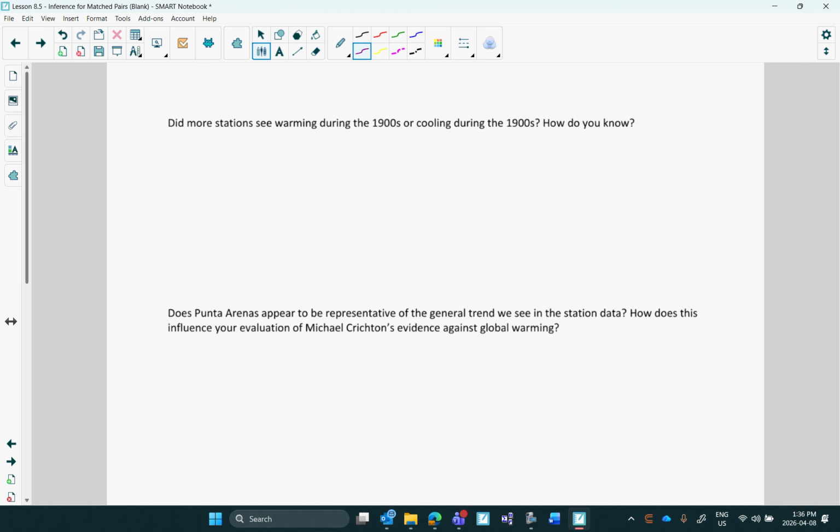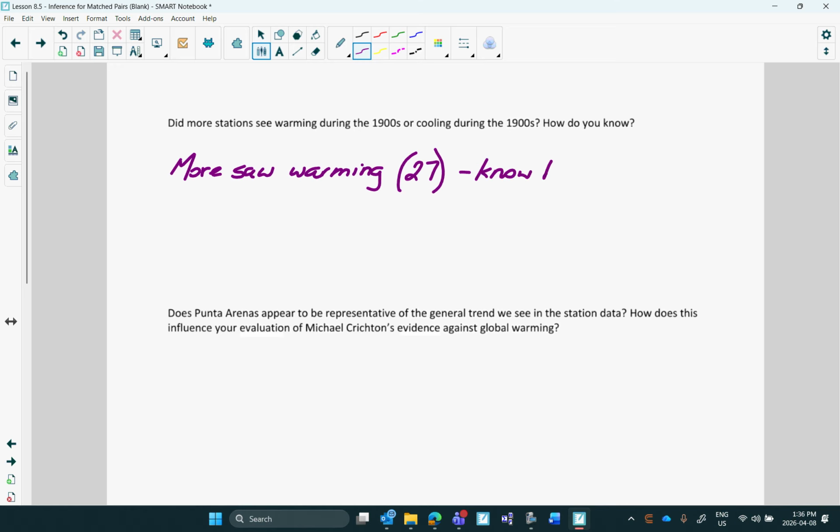Did more stations see warming during the 1900s or cooling during the 1900s? Well, more saw warming. We just talked about this. We counted how many there were. There were 27 of them. And how do you know?